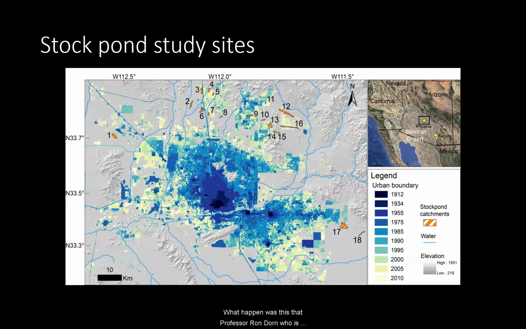What happened was this: Professor Ron Dorn, who is my PhD advisor, went out and set baseline surveys in the collection area of water in the stock ponds, and he monitored the soil erosion that occurred. And I followed up on all of these and did additional work as a piece of my dissertation. And you're working with my data set in this lab.